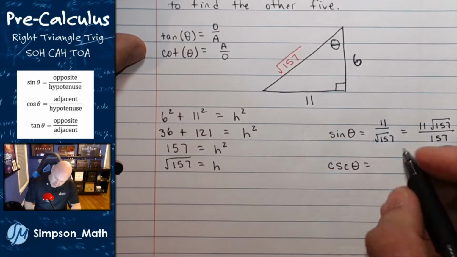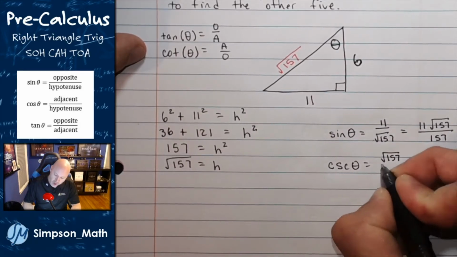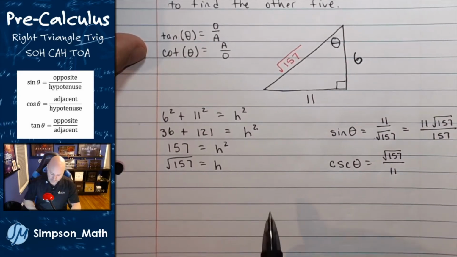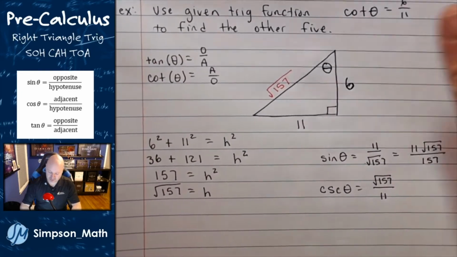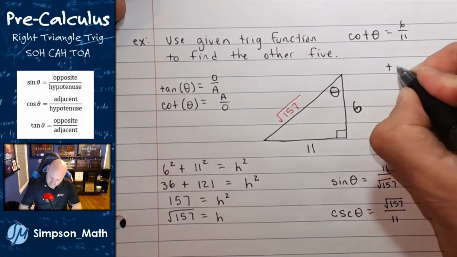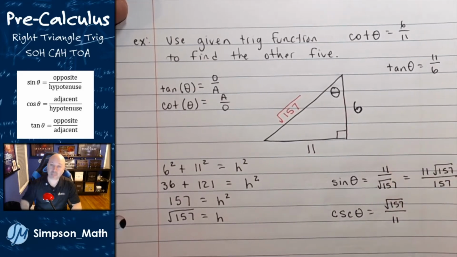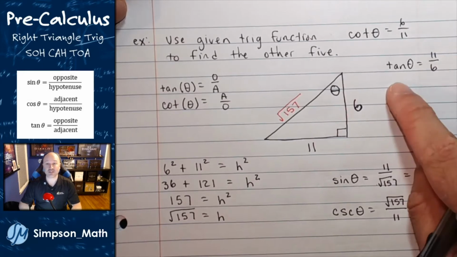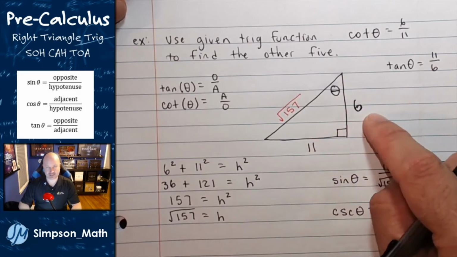I'll simply put the hypotenuse over the opposite and call it a day. And of course, if we know cotangent, we know tangent. Tangent is defined as opposite over adjacent, TOA. So opposite 11 over adjacent 6.